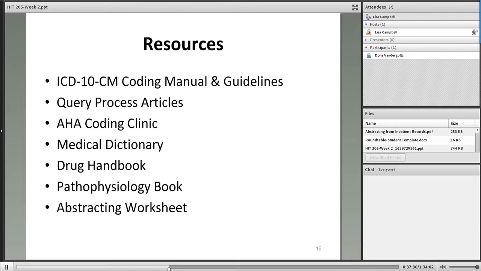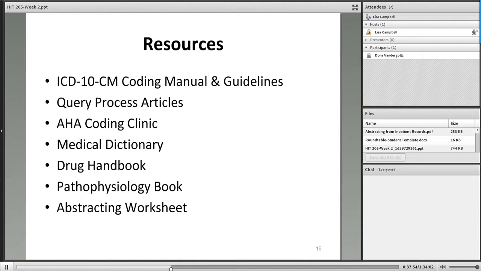A drug handbook. Throughout the medical record, you're going to see different medications. It is important for you to not only know the names of those medications, but also be able to identify what conditions those patients have related to that particular medication. Your pathophysiology book.